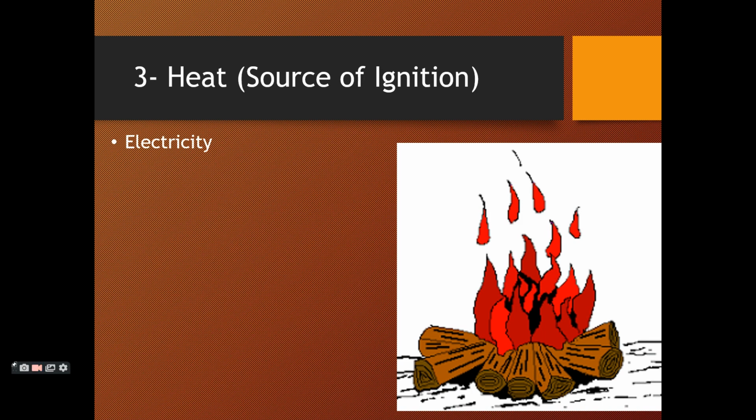The second is smoking. Normally people smoke in the smoking area, and if they don't extinguish the cigarette butts properly, those butts can fly away and also work as a source of ignition.